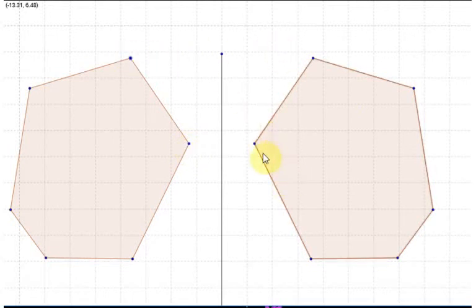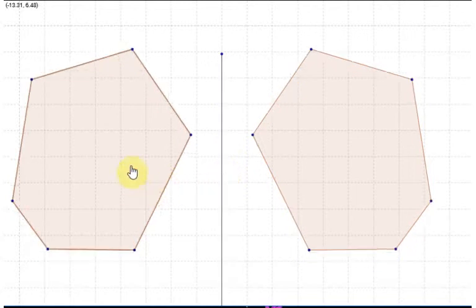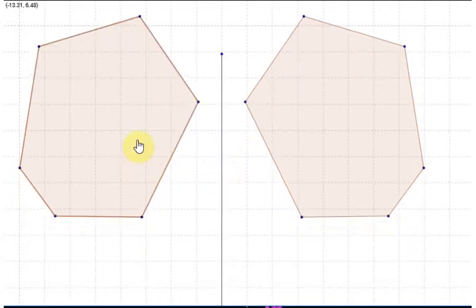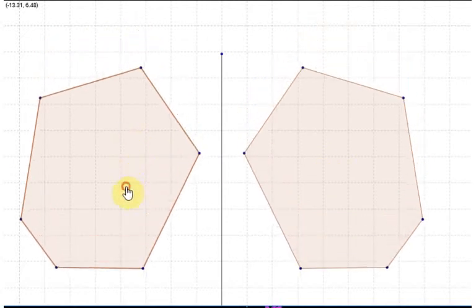Now you see, even this angle will be equal to this angle. This angle here will be the same as this angle. This angle here to the corresponding angle, and so forth. So it is very, very important. When I move my object up, the image also moves. When I move this down, it also moves. Okay?